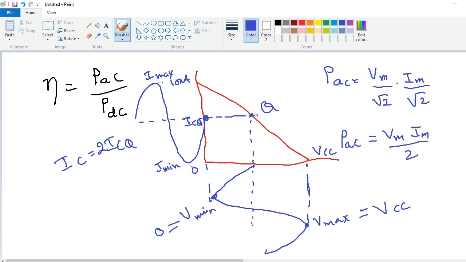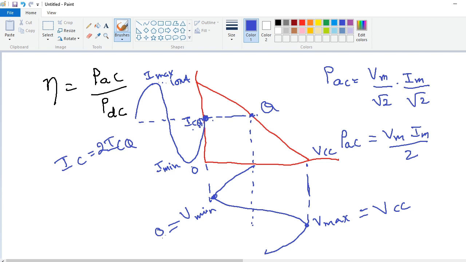So I minimum is equal to 0. 10 minus 0 is equal to 10. ICQ is exactly the middle of the load line, so the corresponding current ICQ is exactly half of the maximum current. So ICQ is equal to 5 milliamperes in this example. So therefore IC is equal to 2 ICQ.